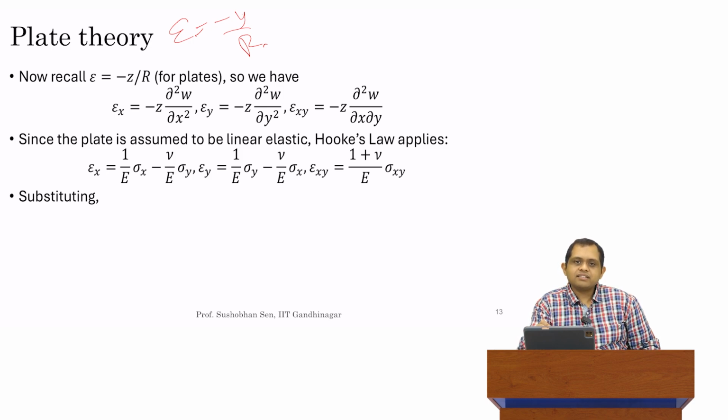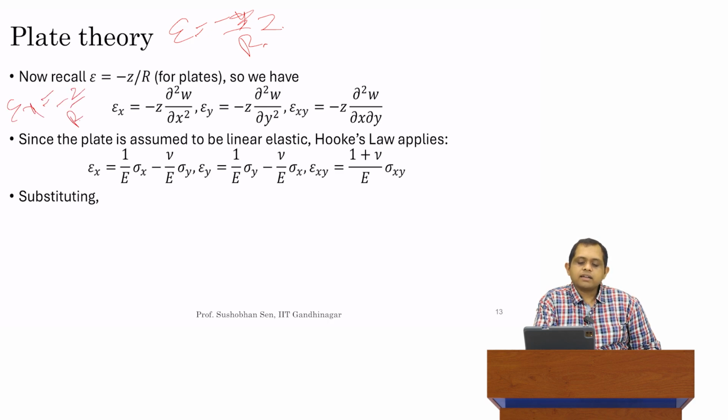And again, the distance from the neutral plane this time, not neutral axis, we write as z. So analogous to what we did for a beam, we can write for a plate epsilon is equal to minus z over r. Now, of course, that depends on which direction you're doing it. So I can have epsilon x is equal to minus z over Rx, and similarly epsilon y.